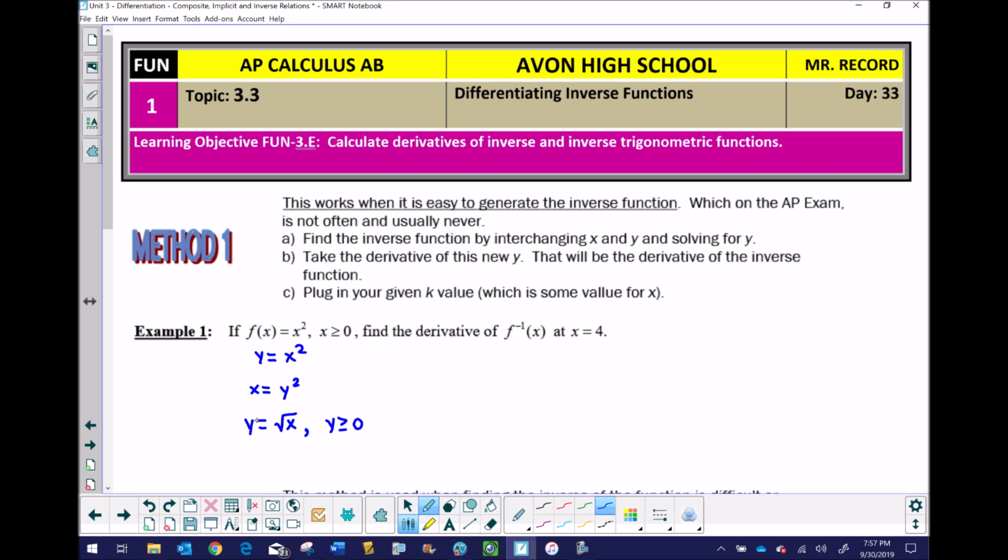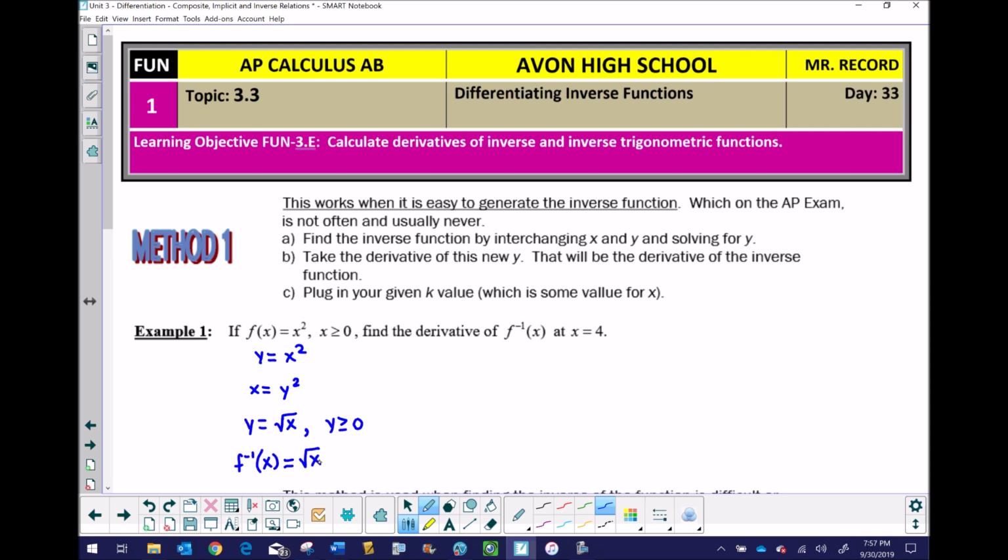So if the y has to be positive, then there is no point in putting a negative sign in front of that square root. So as we get to this point, we have our inverse, and if we want to make this inverse a little bit fancier looking, we can use this very special notation, f inverse of x. f inverse of x is equal to the square root of x.